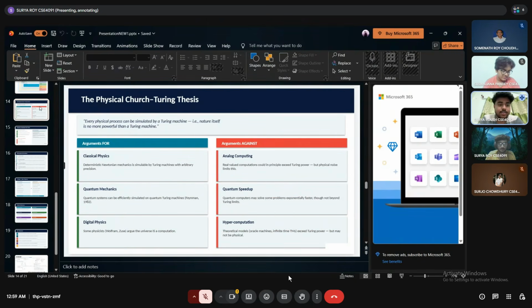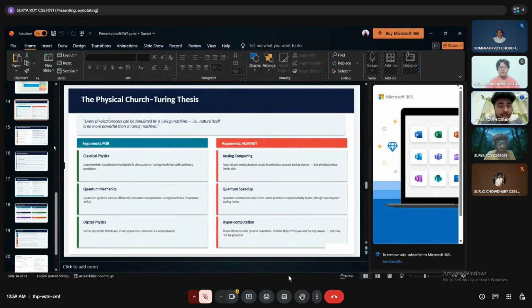So this slide represents the physical Church-Turing thesis. Every physical process can be simulated by a Turing machine. That means nature itself is no more powerful than a Turing machine. There are arguments for and against. For: first, classical physics.